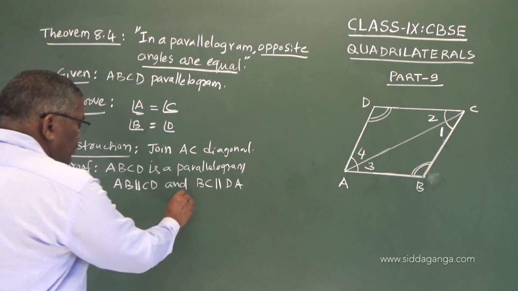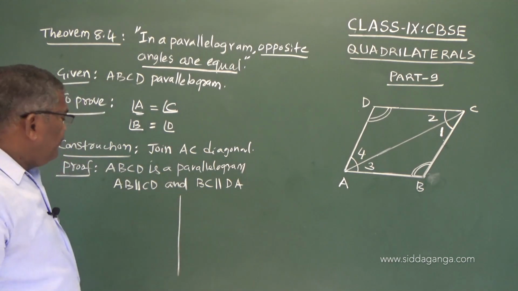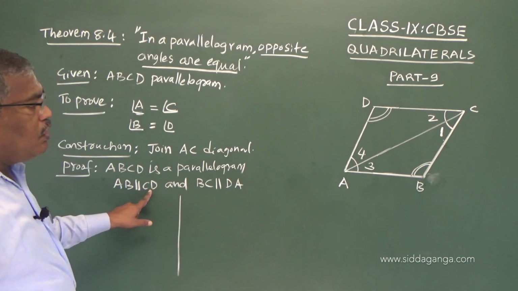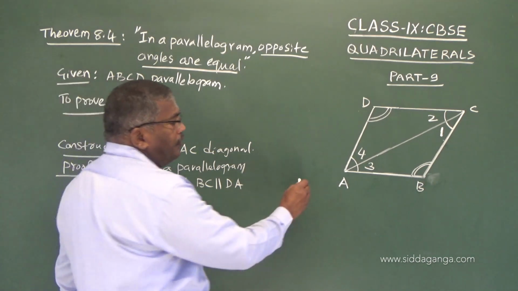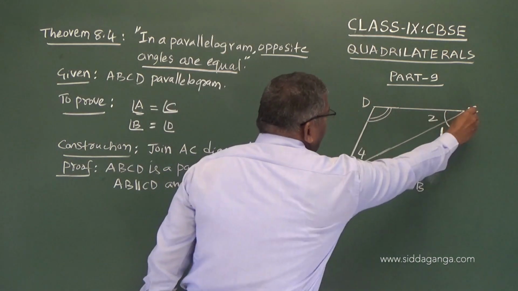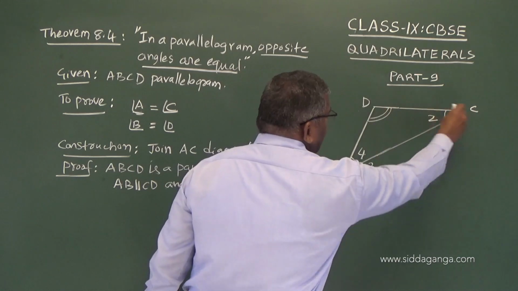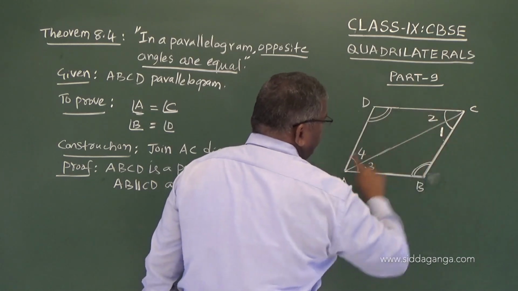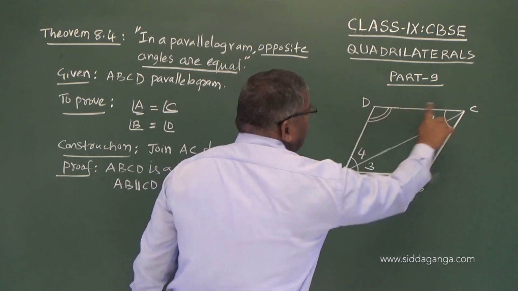Now I will split this into two parts. Observe carefully. When AB is parallel to CD, these two are parallel lines, the bottom one and the top one.